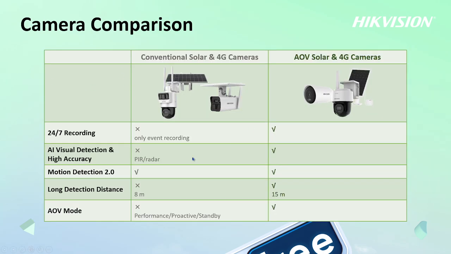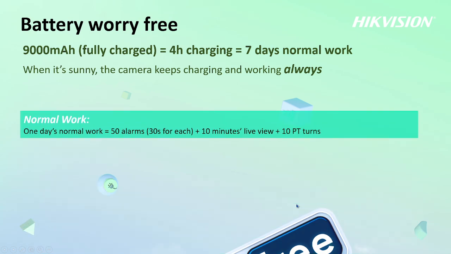Then now, the comparison, the old camera versus the new camera. 24/7 for AOV, yes. AI visual accuracy, the AOV has that. Motion detection 2.0, both of them have. Then detection distance is now 15 meters instead of 8 meters. Then AOV mode, only the AOV solar cameras can do this.